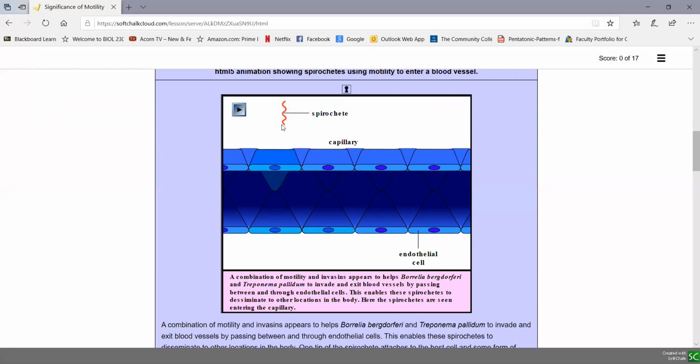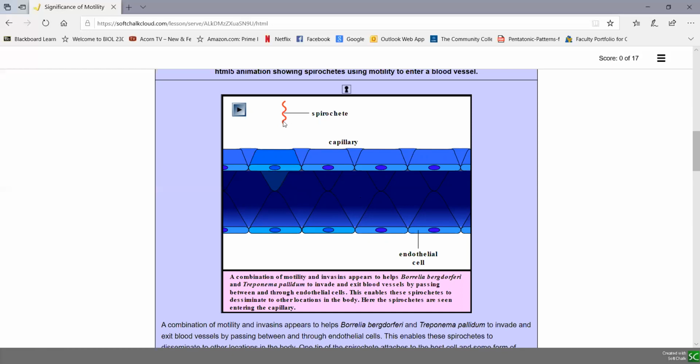And the internal flagella cause them to have a corkscrewing motion. They also secrete some invasins that can soften up the membrane of the cell. So the combination of the corkscrewing motility and the invasins and attaching just at the tip causes them to actually corkscrew through the membranes of the endothelial cells, and in this case, enter a blood vessel.